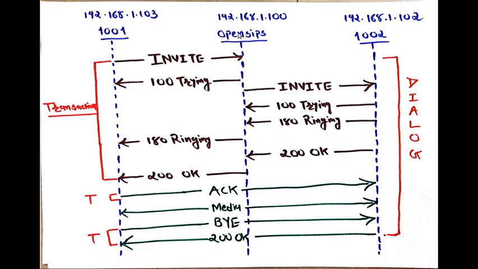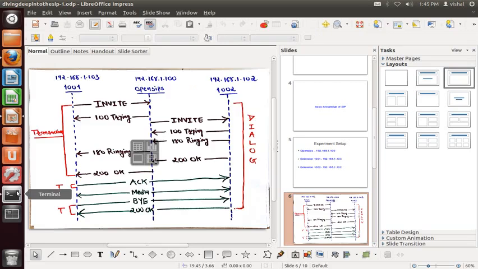We will start packet capture at OpenSIPS, and also we will start the packet capture at our Windows machine, meaning on the 1001. Okay, and then we will call from 1001 to 1002, and we will find this call flow. Okay, so let's start.